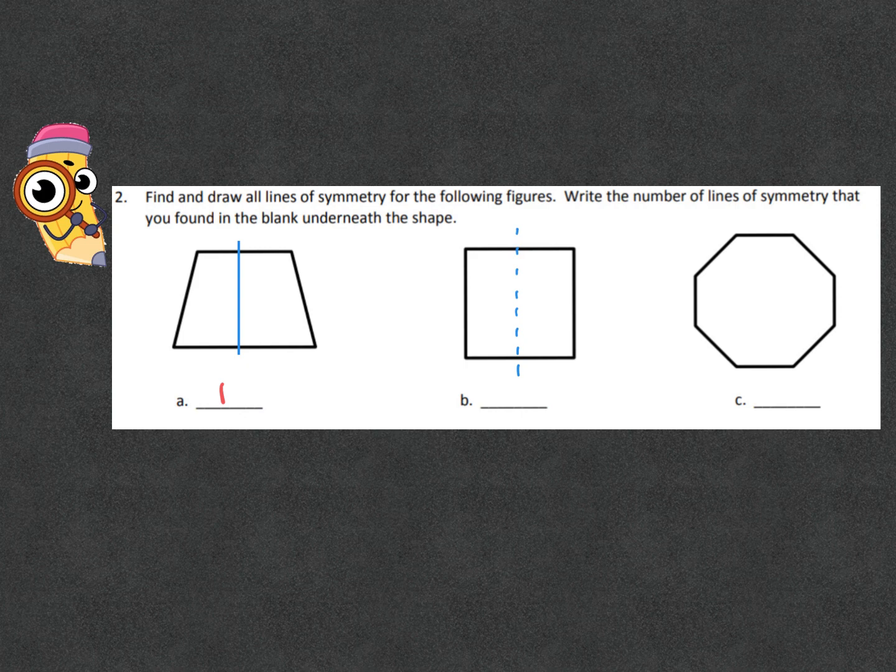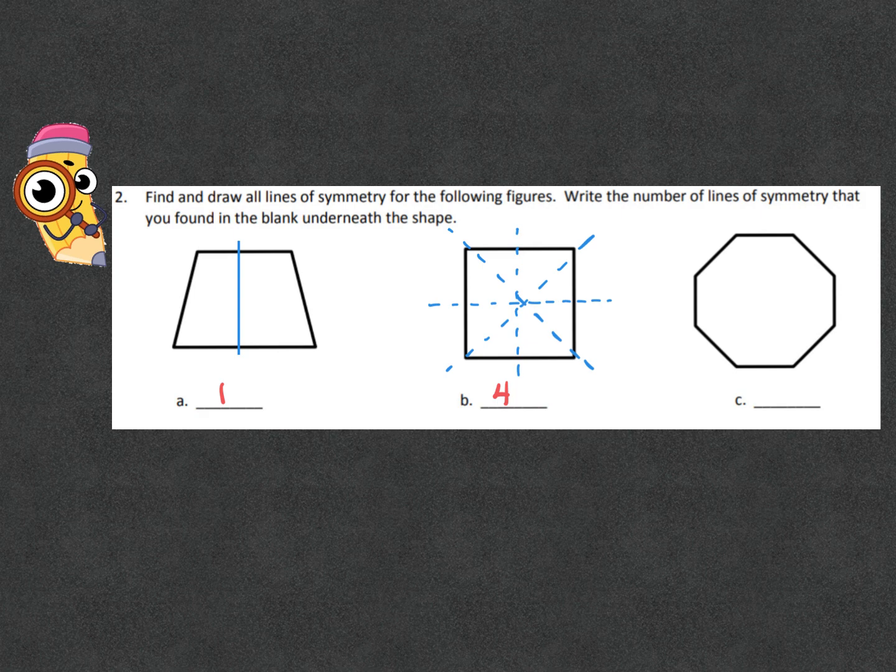We can also make a horizontal line of symmetry. And then because it's a square, we can also use the diagonals to create two more lines of symmetry. Therefore, we can see that our square has four lines of symmetry.